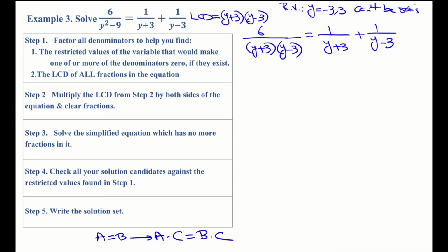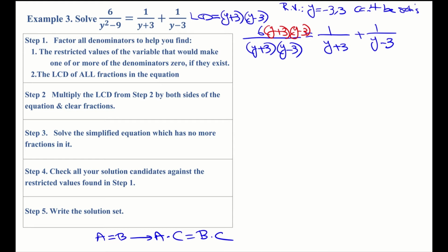So on the left side, we have 6 times y plus 3 times y minus 3. This is a completely new use for LCD. This is not using the LCD to combine fractions. This is using the LCD to clear fractions. And remember, you can only do this when you have an equation. You cannot do this if you're dealing with a rational expression alone, because there are no two sides, and no justification for multiplying both sides by any given LCD.